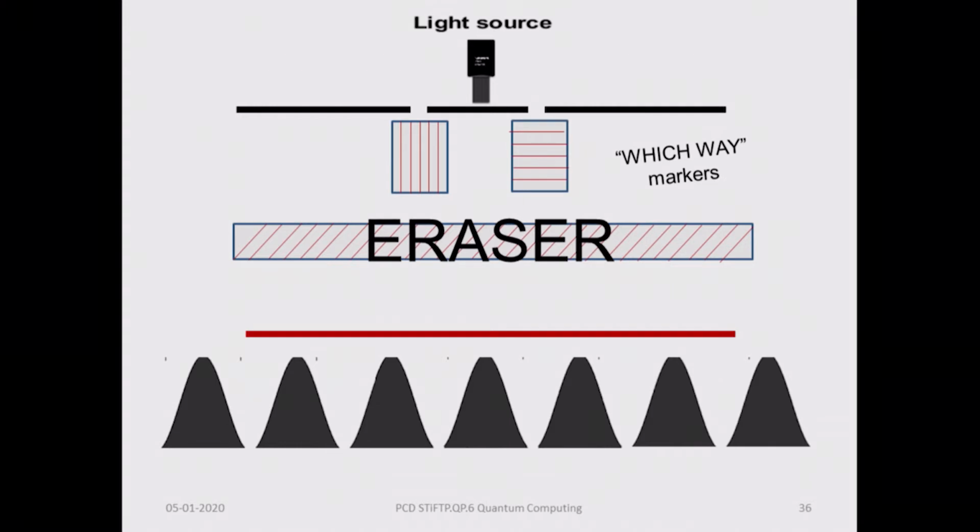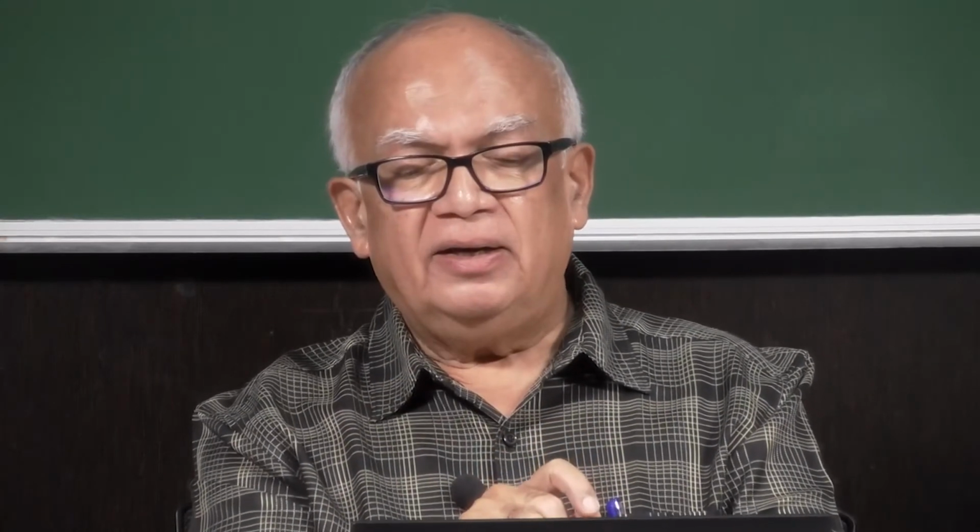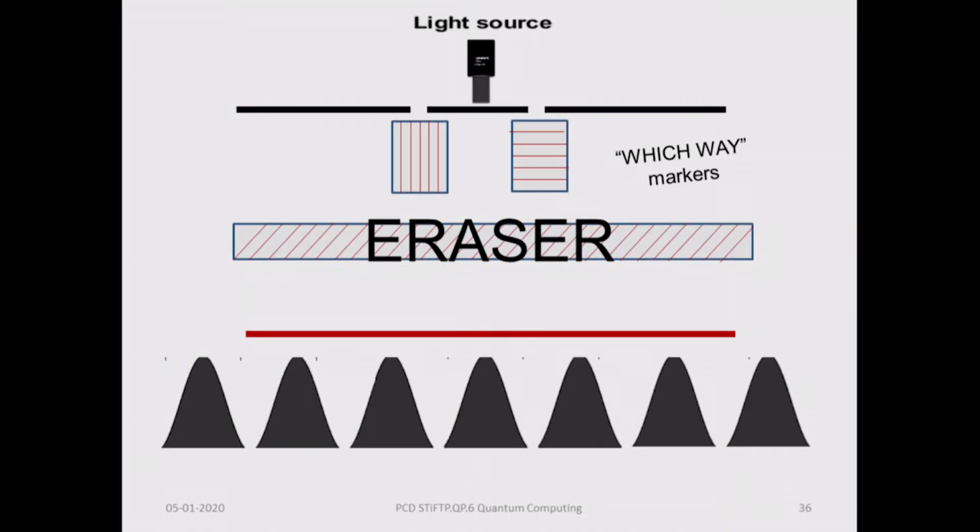But if you pass this light through polarizers, what you are doing is you have marked, you know from which slit the light has come, and if you mark it, then the interference is lost. But if you put another polarizer which is at an angle to this, then the information about how light was polarized is lost.